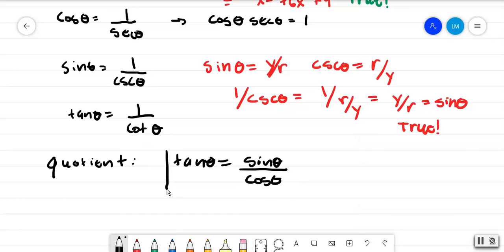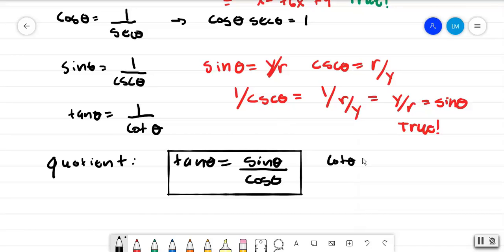That's one of the quotient identities that you've been using throughout this chapter so far. The other would be cotangent theta equals cosine theta divided by sine theta.